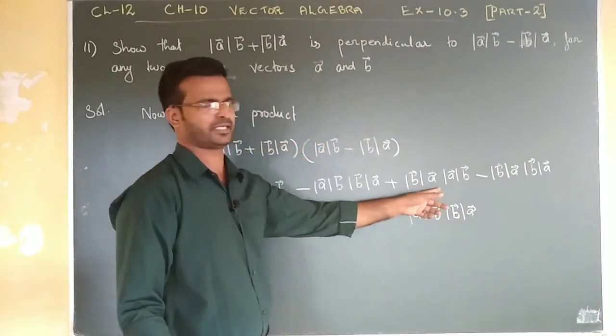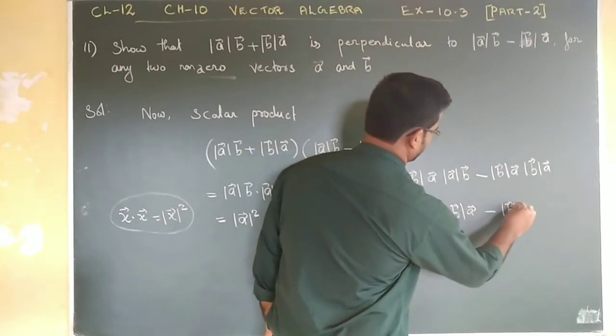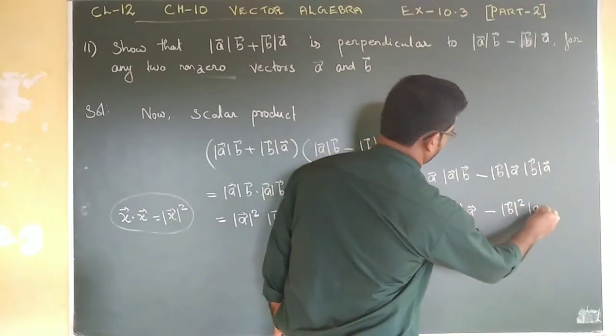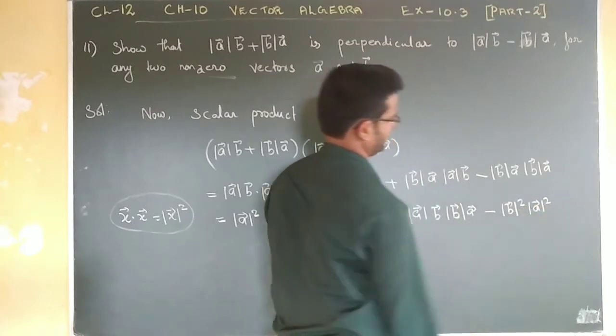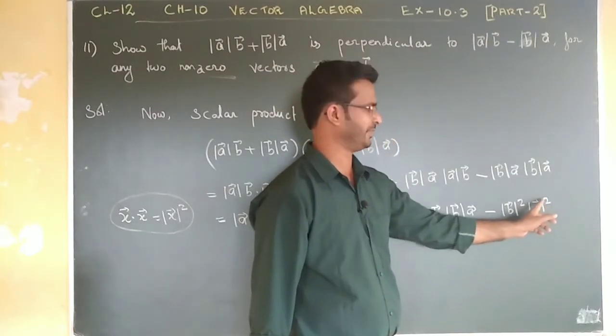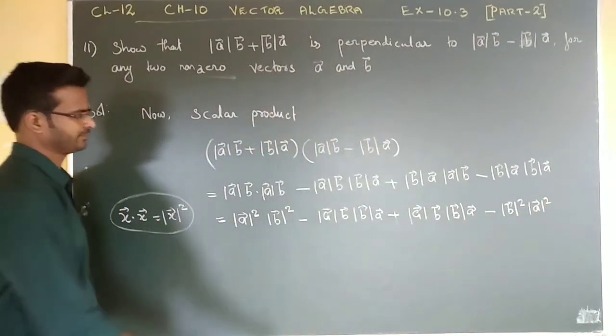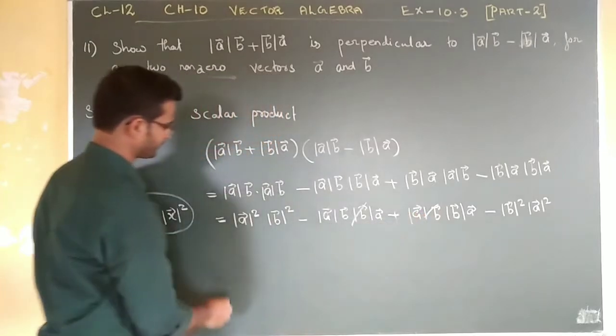From here just rearranging only, minus magnitude of b vector square and magnitude of a vector square, because a vector into a vector we can write magnitude of a vector square, otherwise modulus of a vector square, using the same observation, just to be equal.